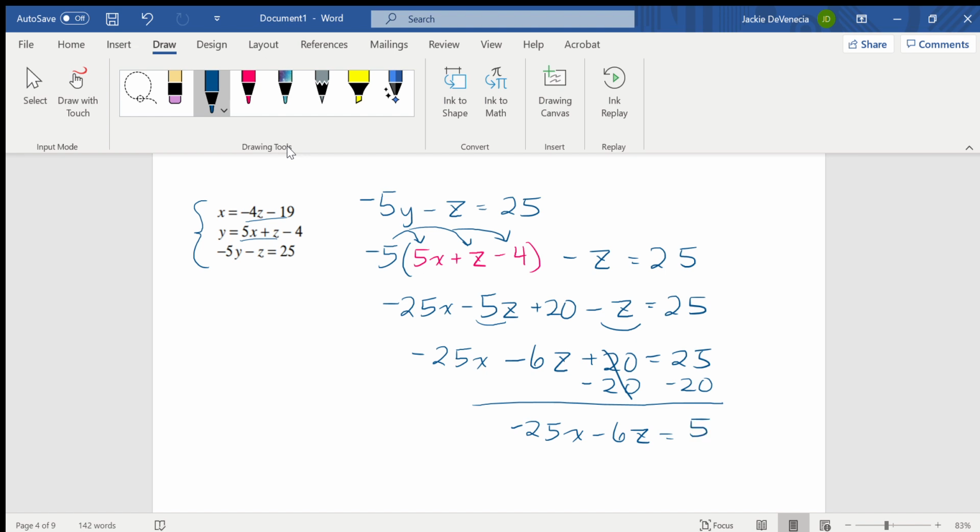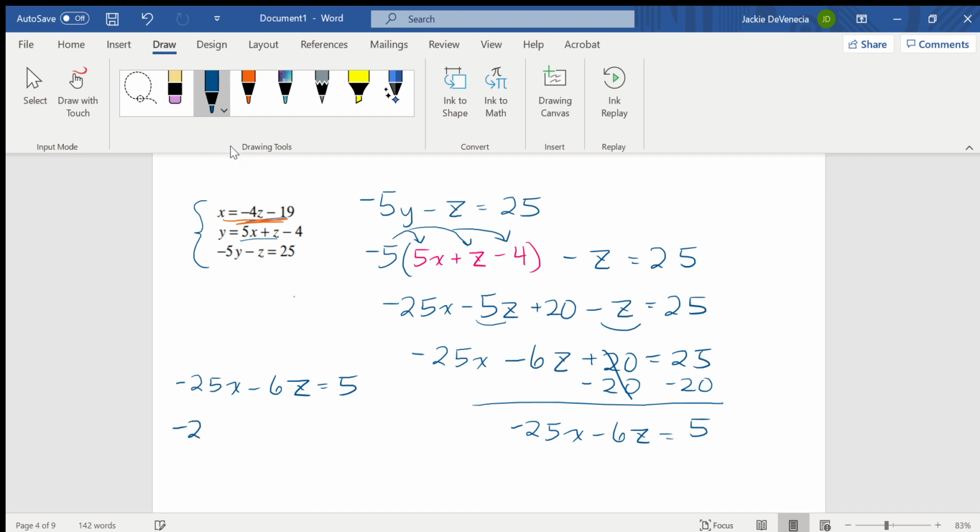Now, this doesn't tell me anything because we still have that x. But remember, in our original equation, x is equal to negative 4z minus 19. So again, I might need to substitute again. So I'm just going to rewrite this over here. Negative 25x minus 6z is equal to 5.